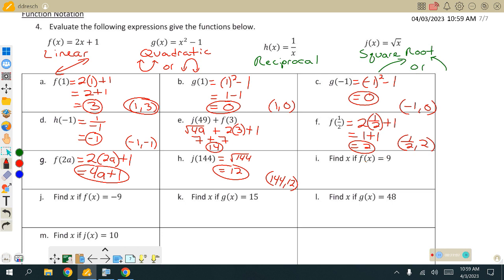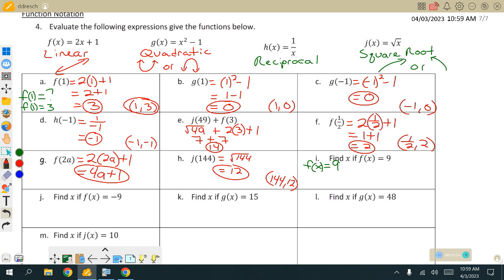So, what we need to do on these here is, again, what is x in order to get that specific y? What we did up here, we knew x was 1, so what was y turning out to be? Y turned out to be 3 in this case.